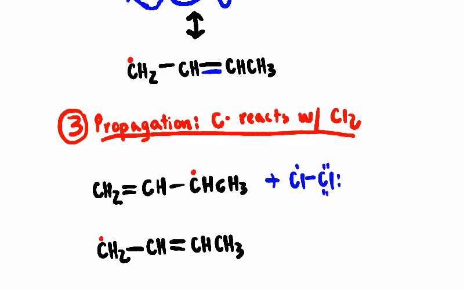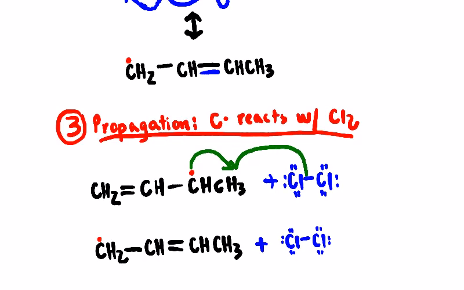Now remember that the bond between the two chlorine atoms is very subject to homolytic breakage. What we'll do is take one of those two electrons from the covalent bond of the chlorine and team it up with the unpaired electron, the free radical from the carbon atom. And when we do that, we also have to take the other electron from that chlorine-chlorine bond and move it somewhere. That's going to go onto the other chlorine to give a chlorine radical product.